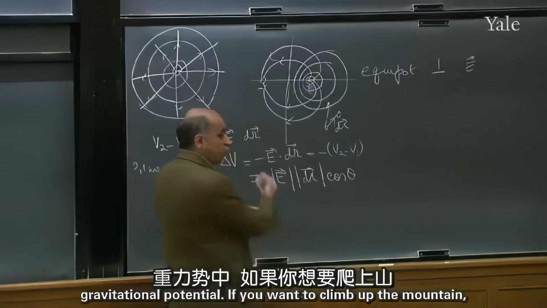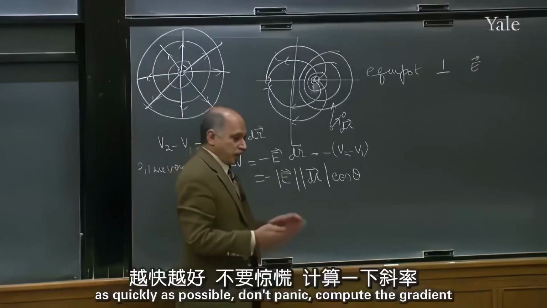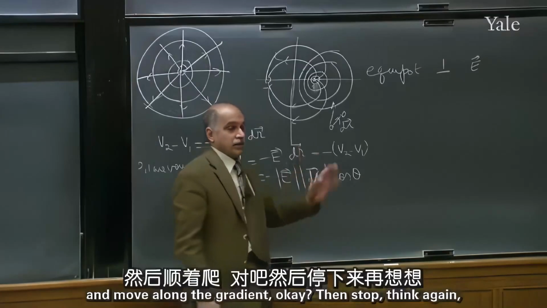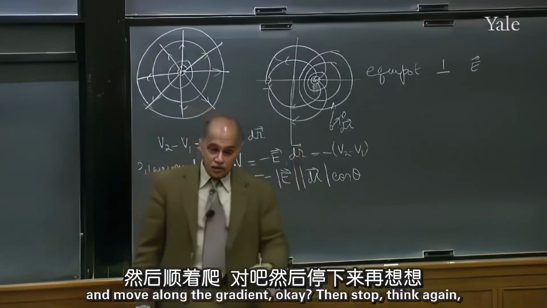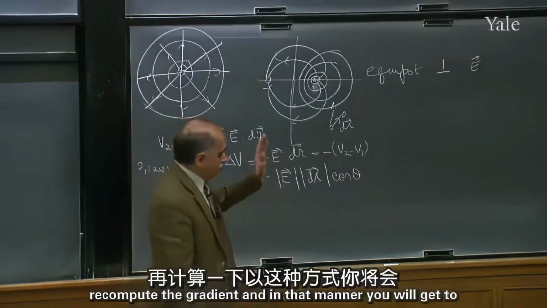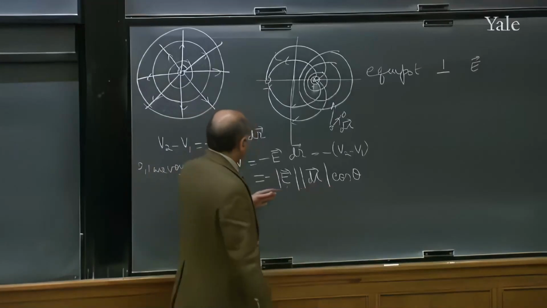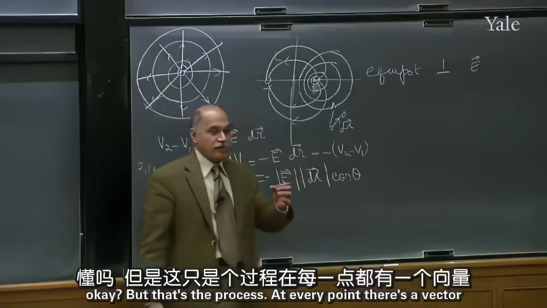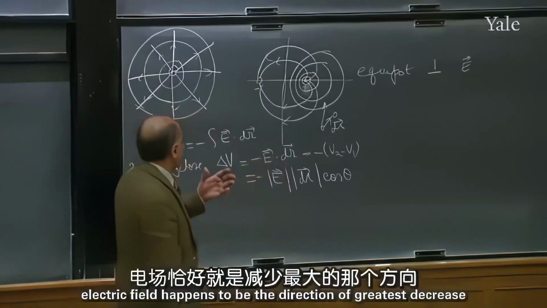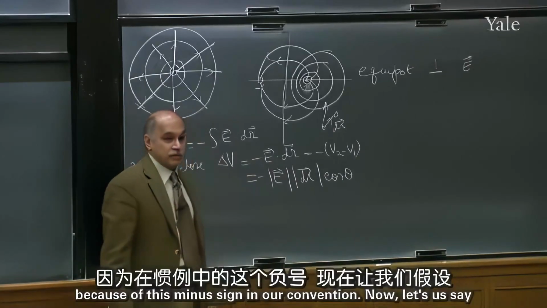If you want to climb up the mountain, suppose there's a tsunami coming, and you want to get to the top as quickly as possible, don't panic, compute the gradient, and move along the gradient. Okay? Then stop, think again, recompute the gradient, and in that manner, you will get to the top in the quickest time if you can compute quickly enough. Okay, but that's the process. At every point, there's a vector pointing in the direction of greatest increase. The electric field happens to be the direction of greatest decrease because of this minus sign in our convention.